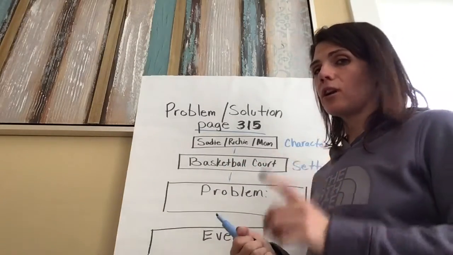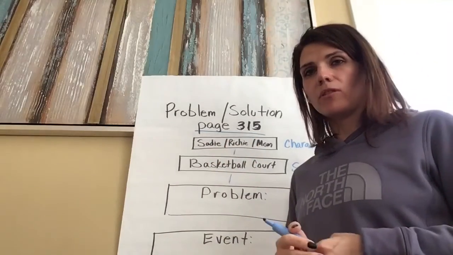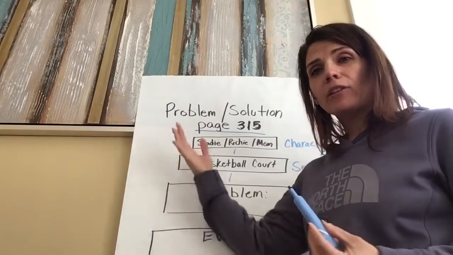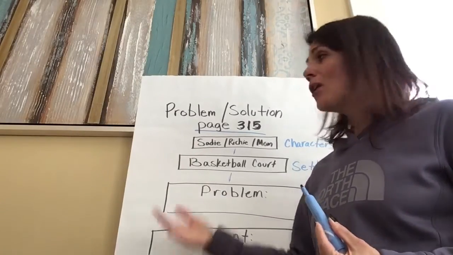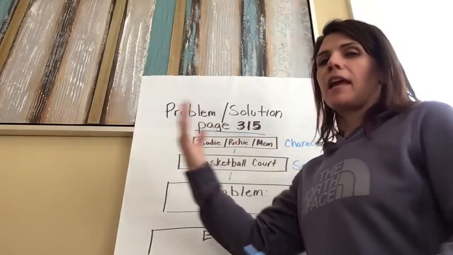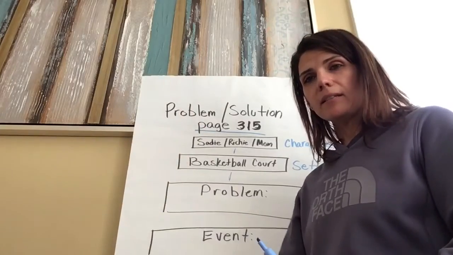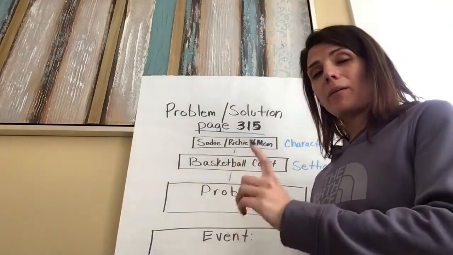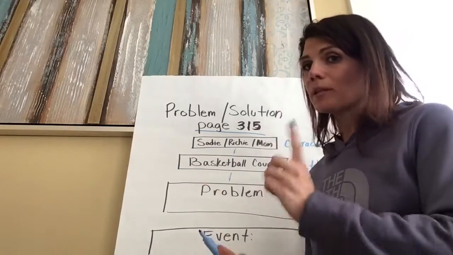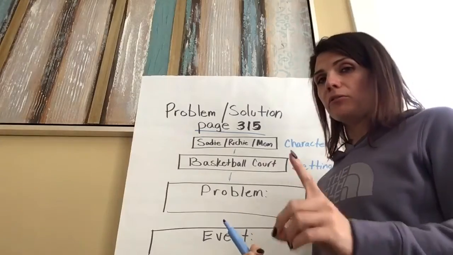And I also want to talk a little bit more about why knowing all of this information is important, okay? You know you're successful at knowing these pieces, okay, when you can retell me the characters and the setting and the events in order, the main pieces, but also when you can tell me the problem in a story, because in these stories there's always a problem, and the events that lead to the solution, okay?